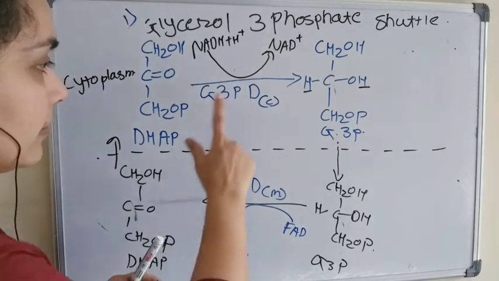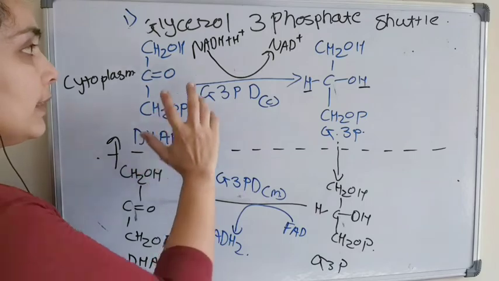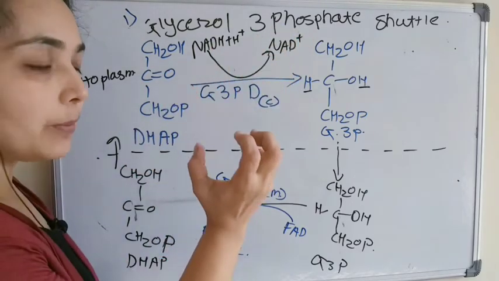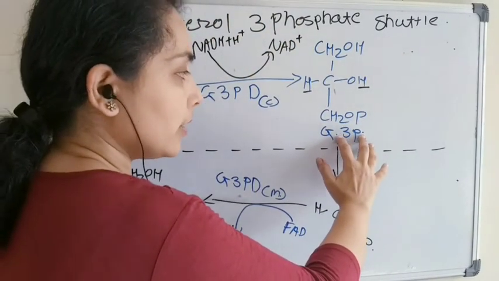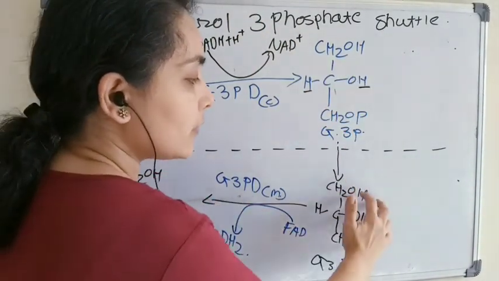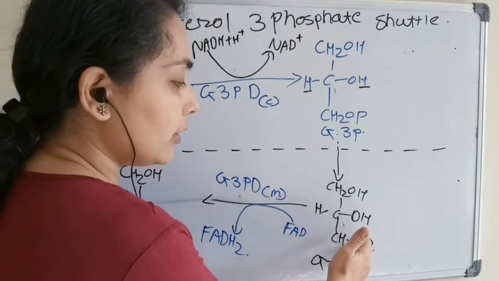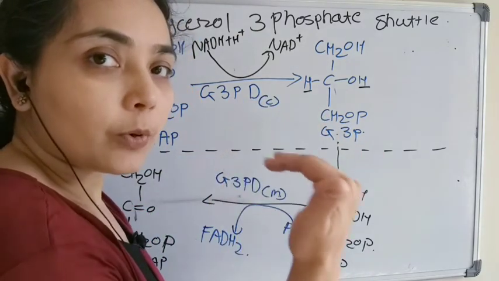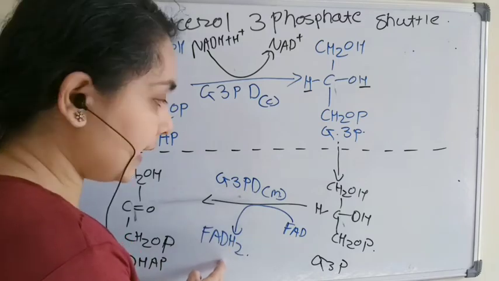Okay, let's discuss again briefly. Dihydroxyacetone phosphate will accept the electrons and protons and convert to glycerol 3-phosphate. Glycerol 3-phosphate then comes into the intermembrane space of mitochondria. Here in the intermembrane space, the electrons and protons will be accepted by FAD. So FAD will convert to FADH2.